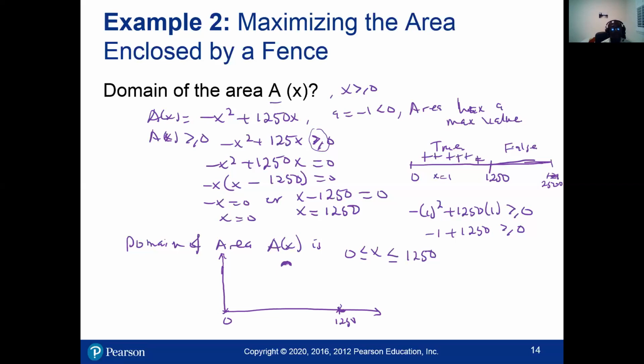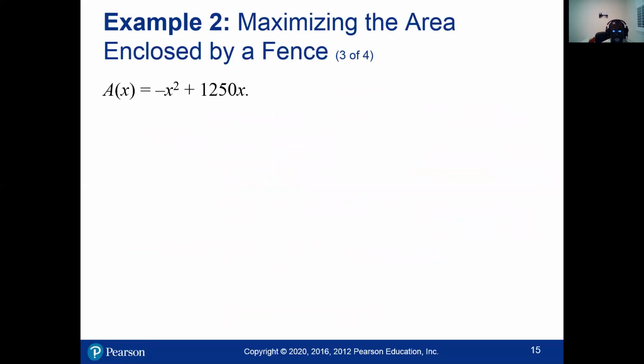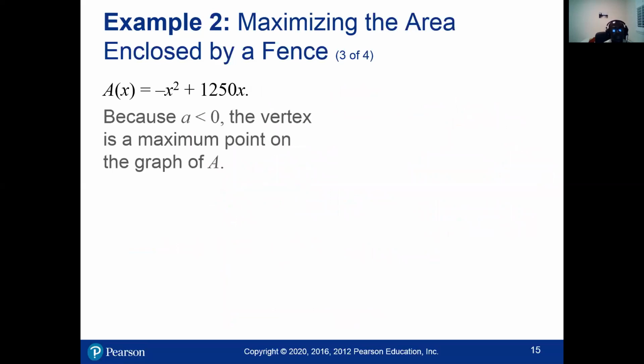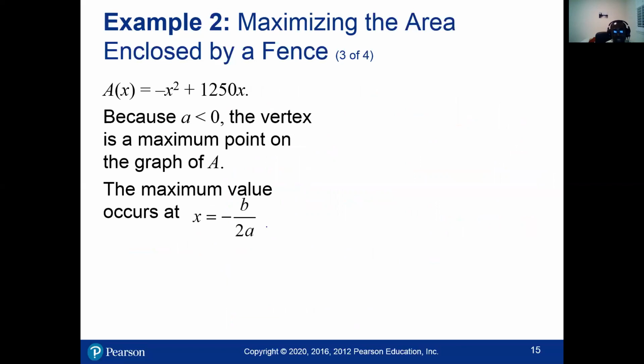All right, so here you have A of x is equal to that. Now because A is negative, it has a maximum point on the graph. So the question is where the maximum point occurs, where your x is equal to minus B over 2A. We know from here that your A is -1, and your B is 1250.